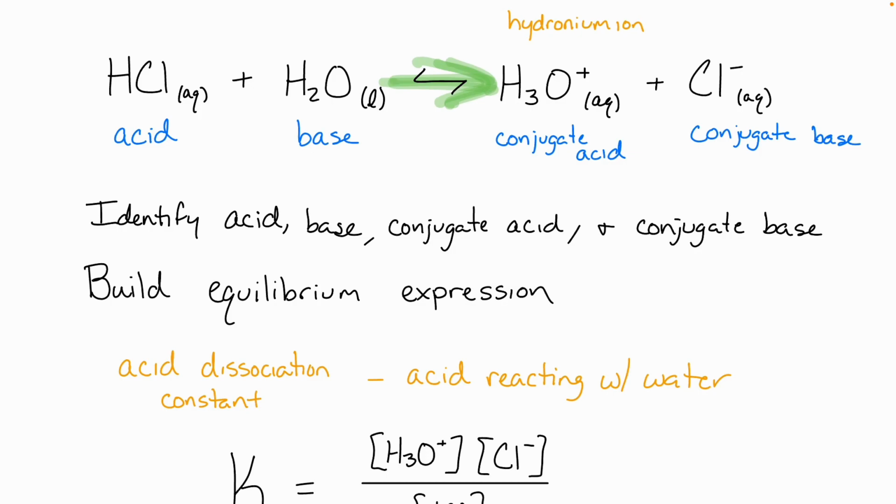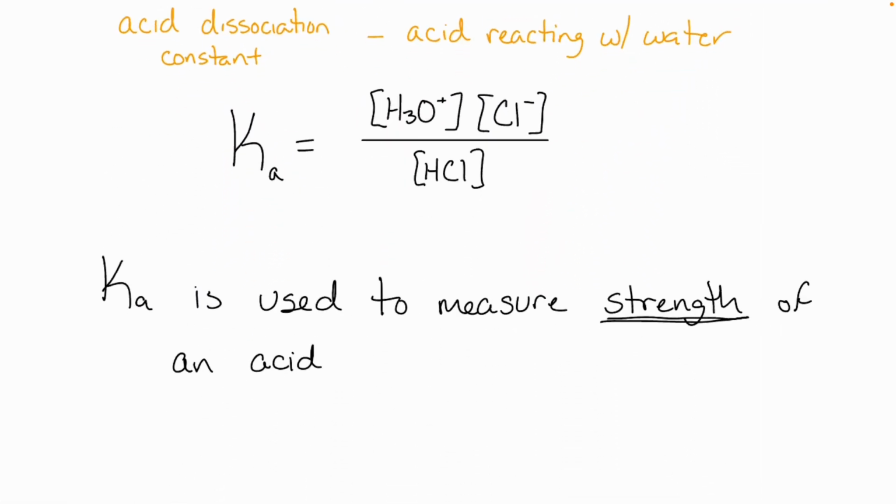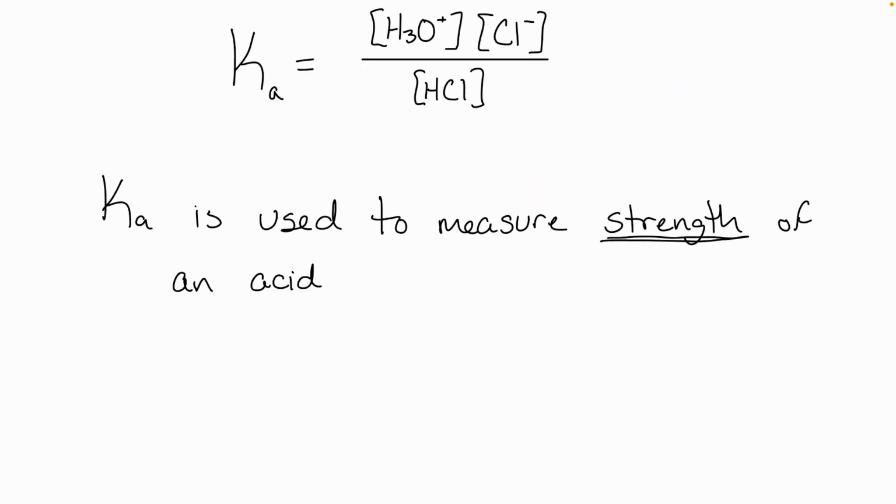So why does that mean that this is a strong acid? Well, what does it mean to be an acid? An acid is something that donates a proton, and that's exactly what we're measuring here, this acid's ability to donate a proton. So the more an acid proceeds to the product side, the more it's donating that proton, the stronger the acid. So we're going to use Ka as a way to measure the strength of an acid.